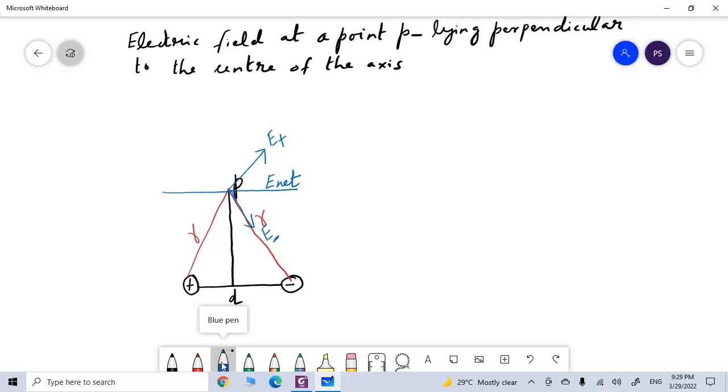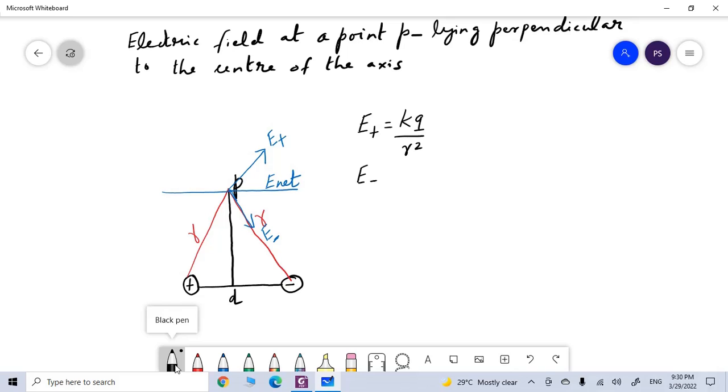Now let's first try to calculate the magnitude of the respective electric fields. So let's go back to the conventional color. E plus will be equal to KQ over R square. This is elementary, that's the value of the electric field magnitude. So what's going to be E minus?